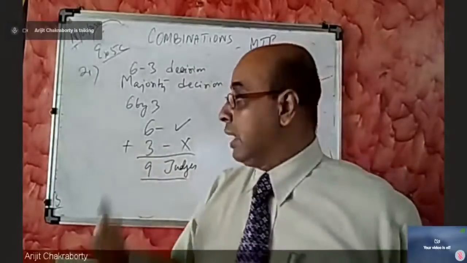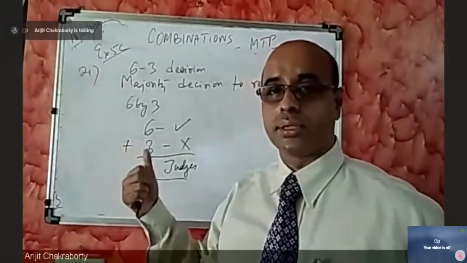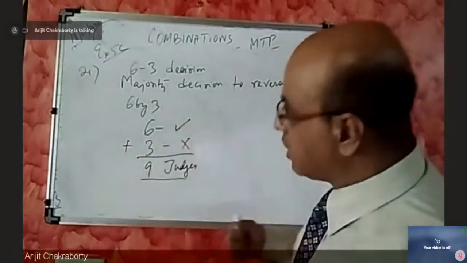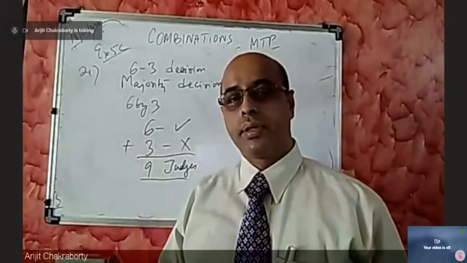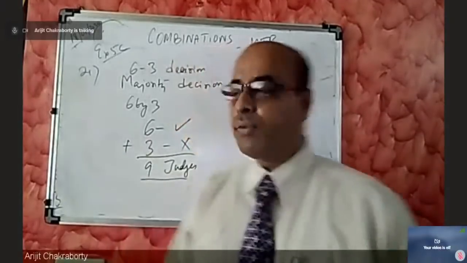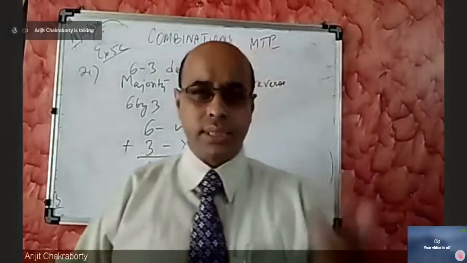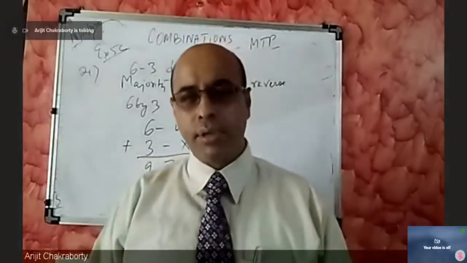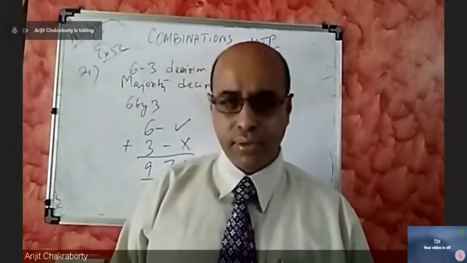Majority decision. Now in how many cases? This question is a tricky one. In how many cases can the Honorable Supreme Court reverse the order, again by a majority decision? Now if you think of a majority, majority means what? We always say 60-40 majority, 70-30, 80-20, 90-10 majority, 90 people in favor, 10 against.